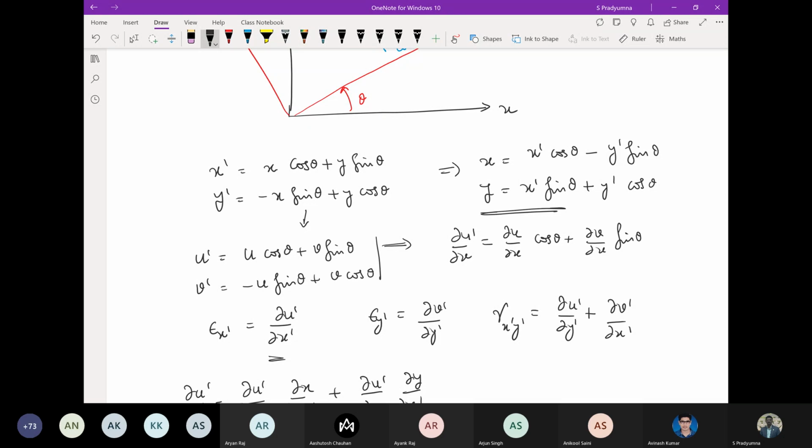Am I correct? Yes, sir. And similarly, I can also use this expression to write what is dou x by dou x dash equal to. What is that equal to? Cos theta.